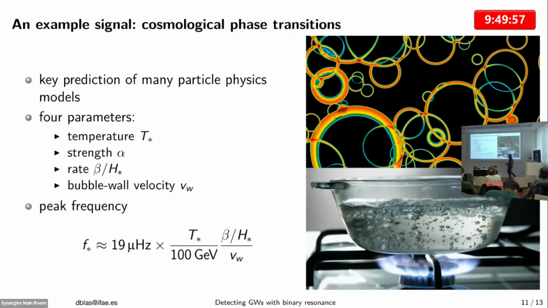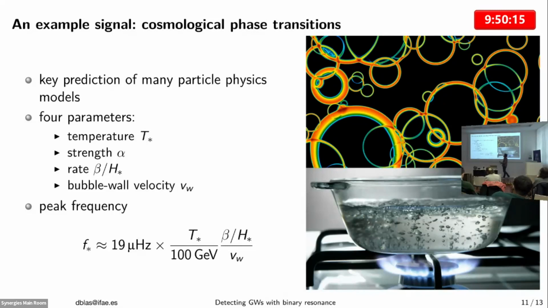But this peak, where it is and how strong it is, in principle depends on 4 parameters: the temperature of the transition, the so-called strength, the rate as compared to the Hubble rate at the time of the transition, and the bubble wall velocity.